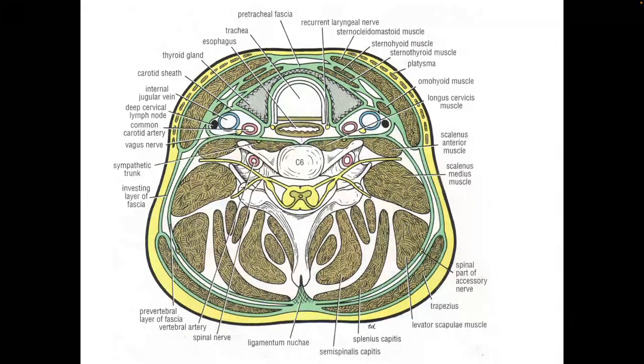Posteriorly the layer is ill-defined, and that is the reason why when there is enlargement of the thyroid gland, it usually presses on the esophagus. It can expand. This is to show you only the pretracheal part.